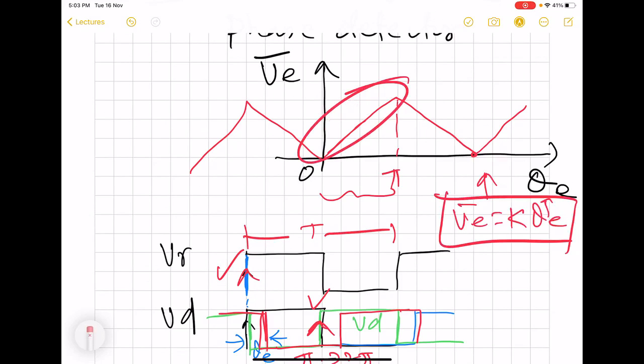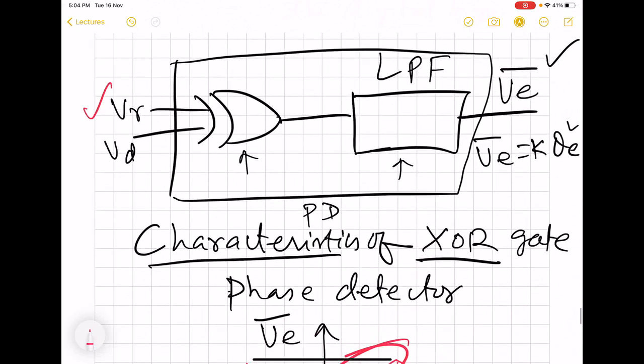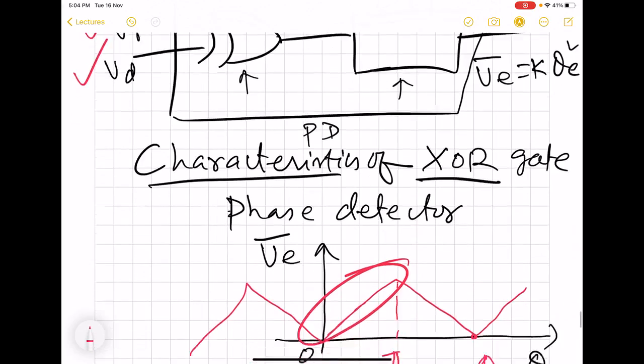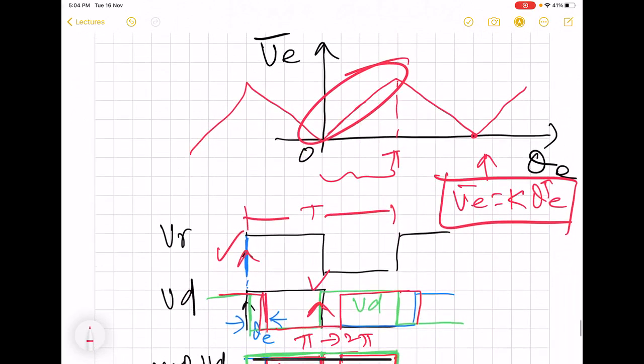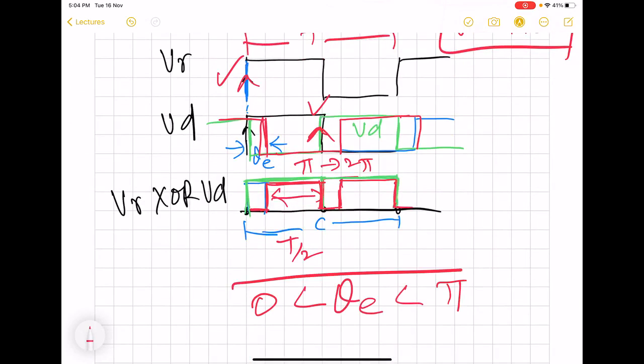Compared with the analog phase detector, we find that this XOR gate is capable of detecting a wider range of phase errors. But the only thing is that now we will have to ensure that these two signals are the same. So here is the phase error which can be detected, between this range.